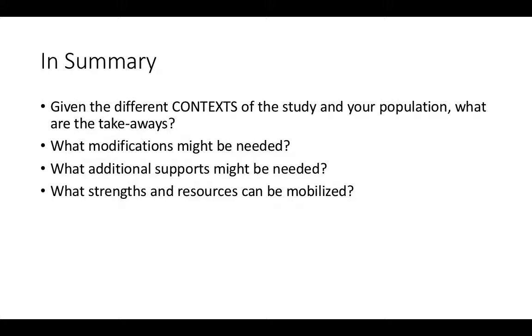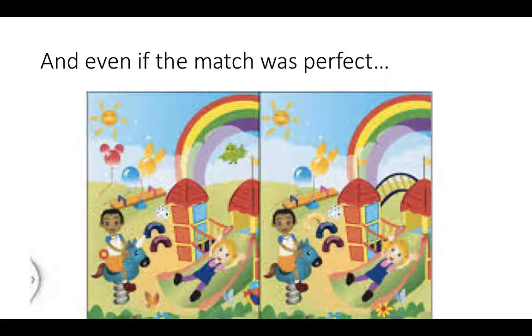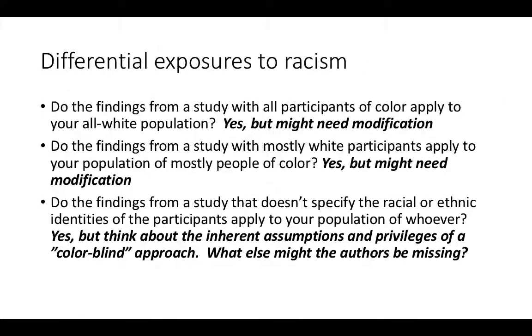So, in summary, evaluating generalizability from a study you're reading to a population you're working with is about much more than looking at whether there's an exact match. Because again, even if the match were to be perfect, which is very rare and probably won't happen in our lifetimes, even if the match is perfect, there's still going to be differences in context.